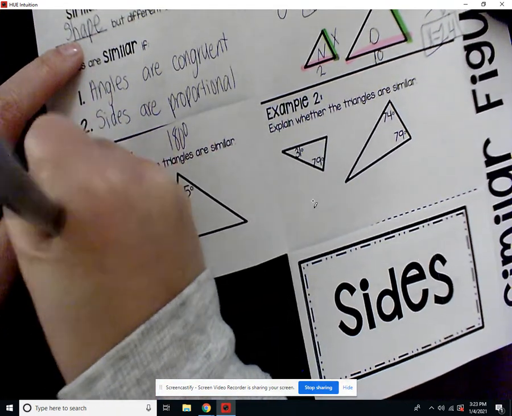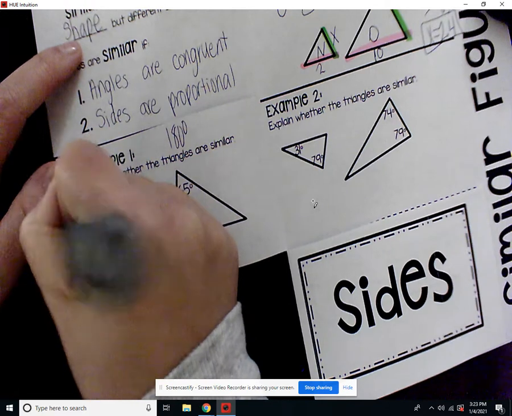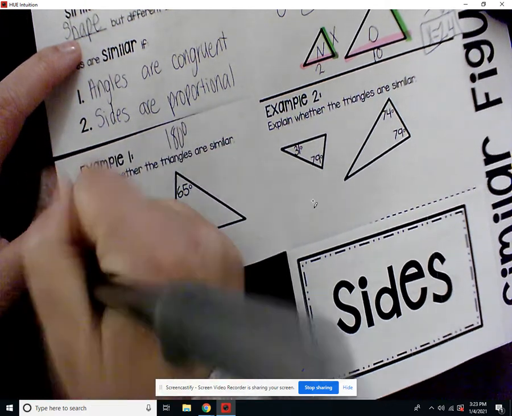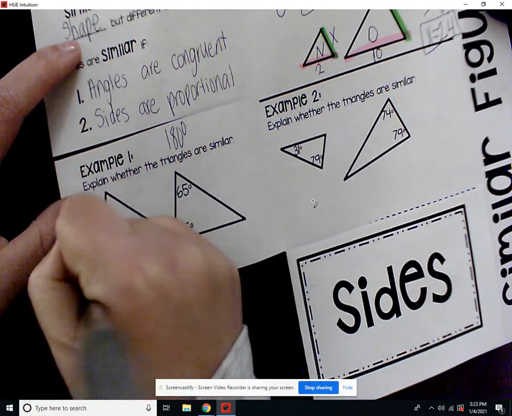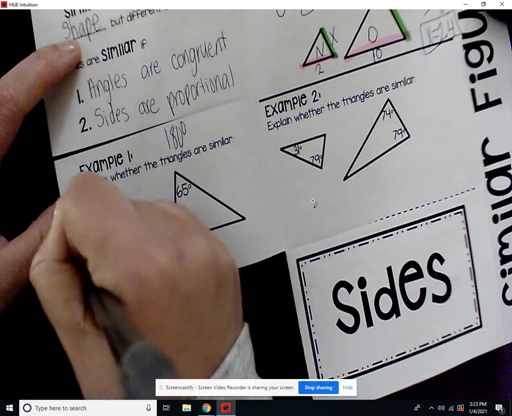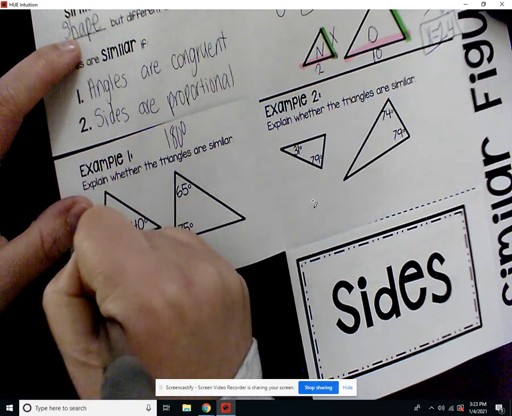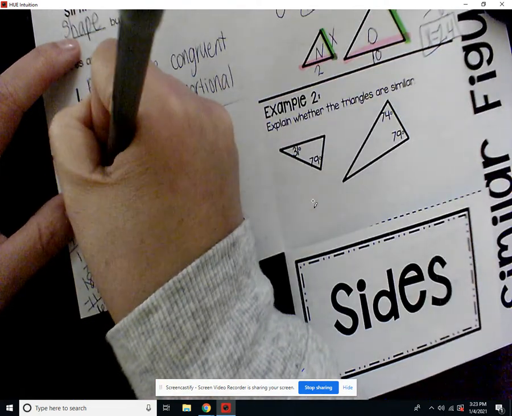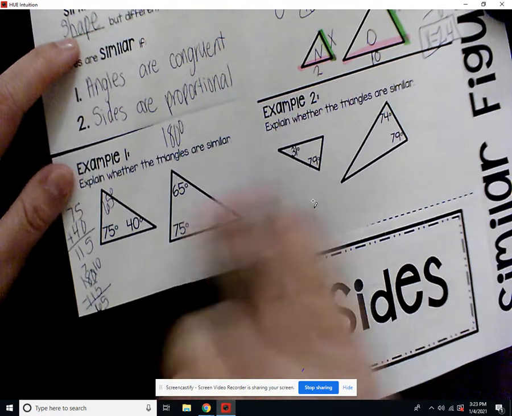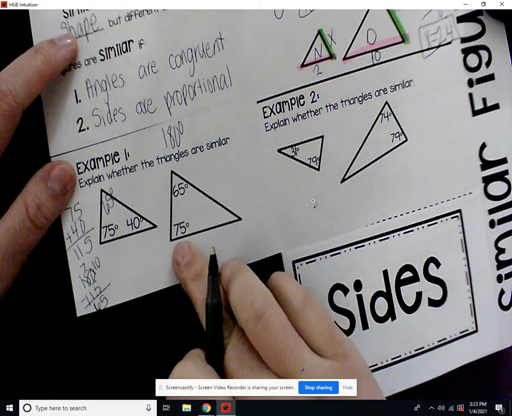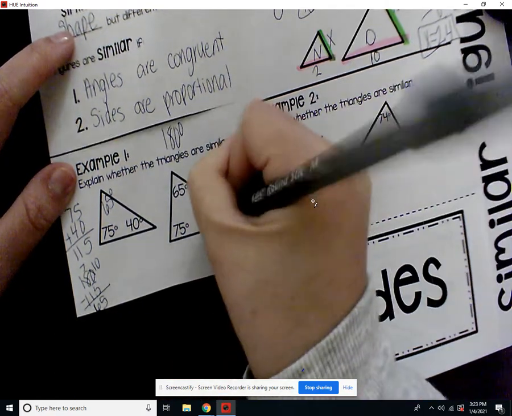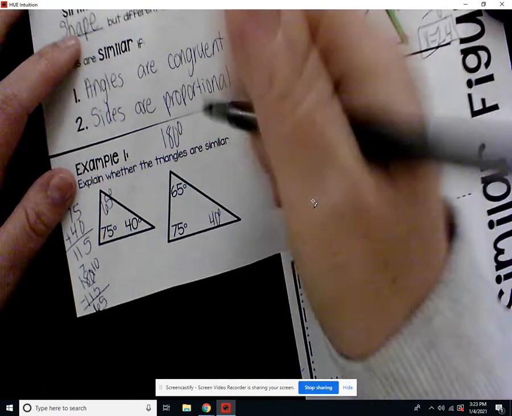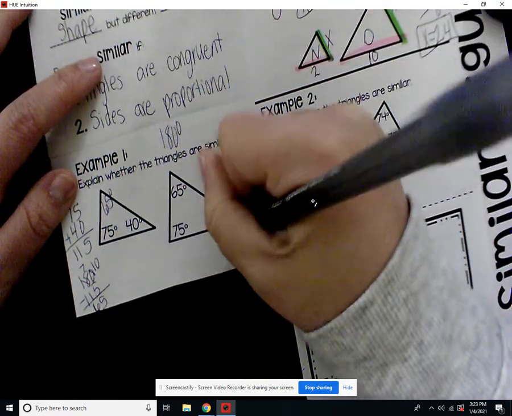We're going to add those together, which is 115. Then we're going to take 180 minus 115, and we get 65. So our other angle is 65. If we look at our other figure, we have 65, we have 75, so that means this has to be 40, and that means these are similar. So we're going to put a check.